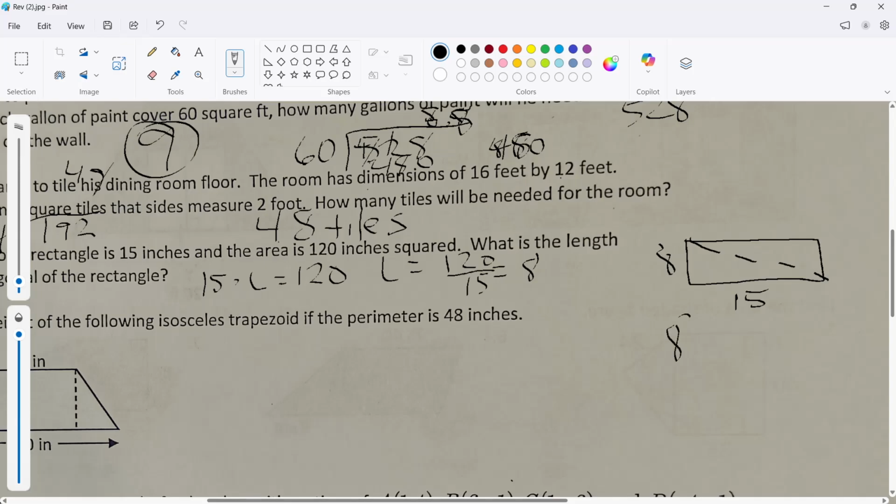8 squared plus 15 squared equals diagonal squared, 64 plus 225 equals diagonal squared.